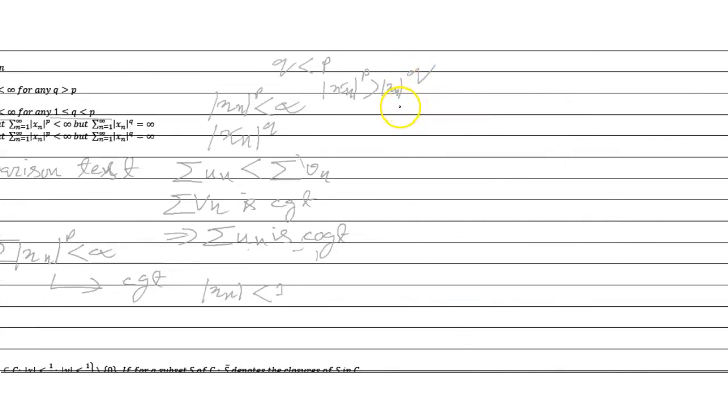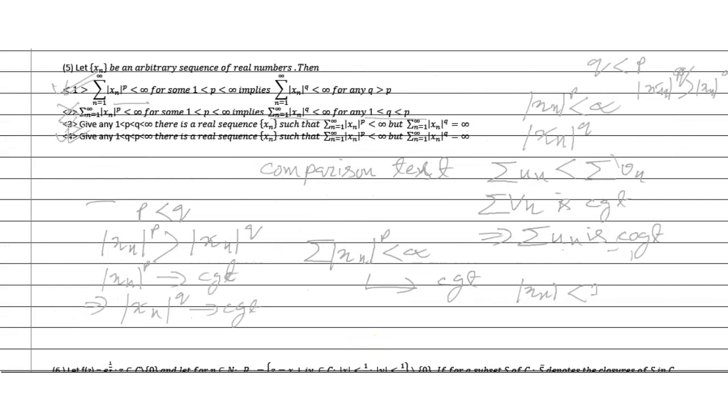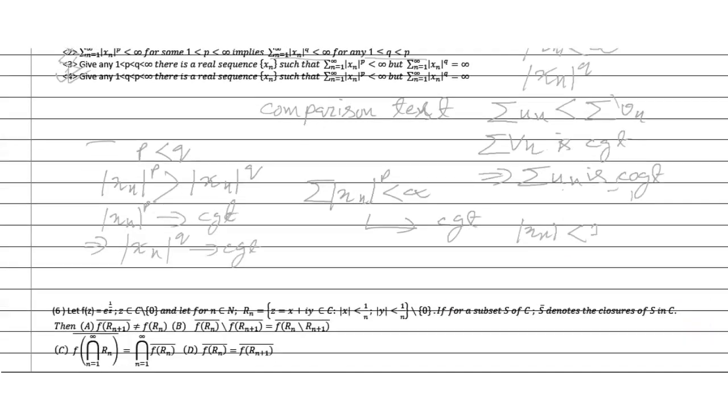So in this case you see that the sum of mod of x_n to the power p is less than infinity, but the sum of mod of x_n to the power q equals infinity. So this is the comparison test, friends. If the smaller term is convergent.